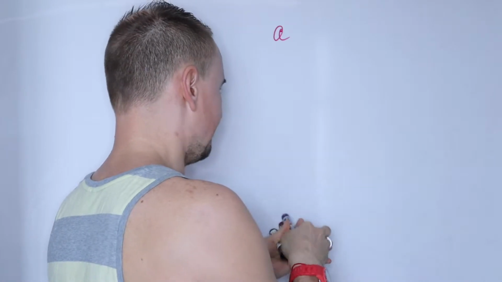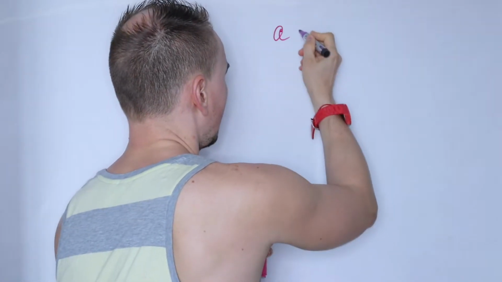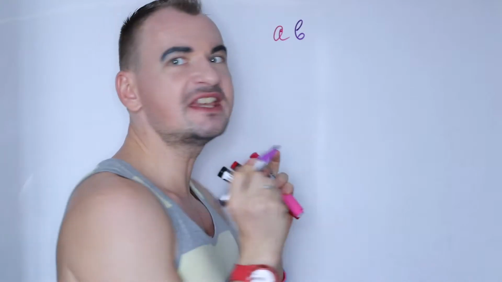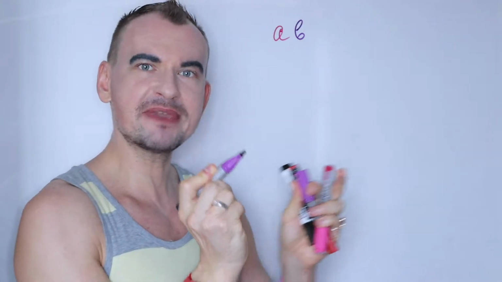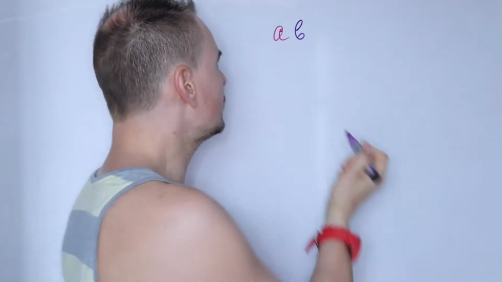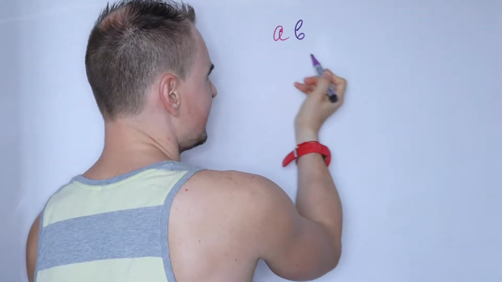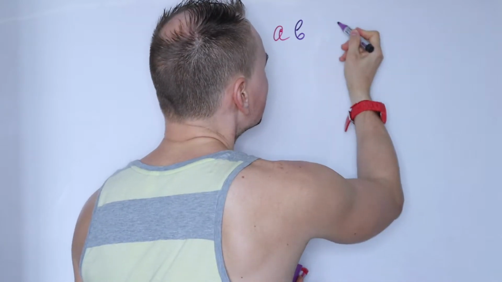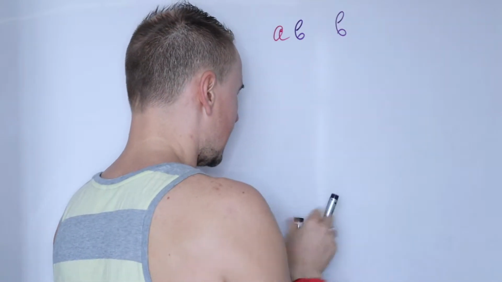and B. Now, these two objects can be rearranged in two different ways. You could either have AB or BA.